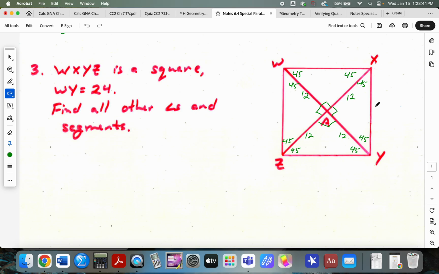Multiply by the square root of 2. So all the sides are 12 square roots of 2. That's it. We've got them all. Squares usually don't take very long, or at least shouldn't.